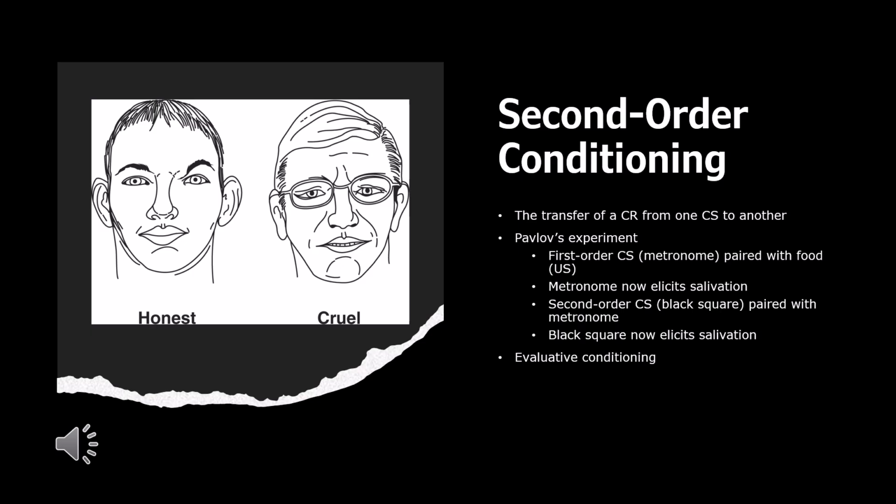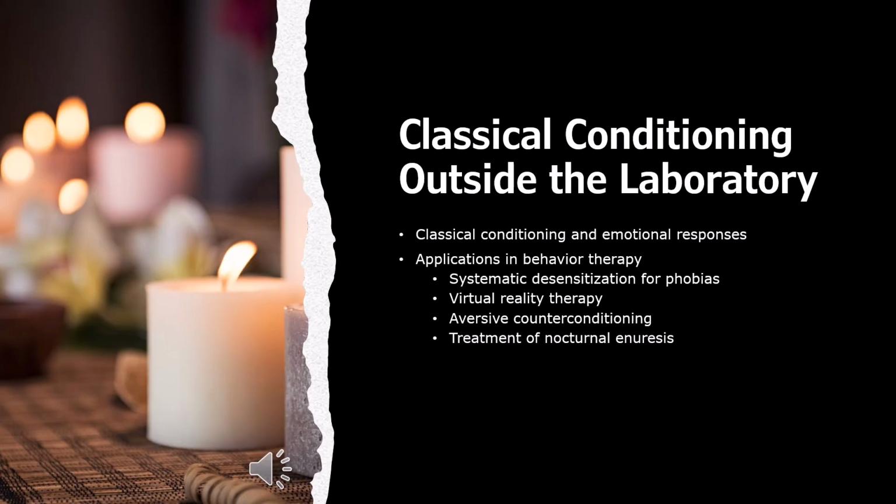Pavlov has the metronome, which is the CS1, the food is the UCS, and then the black square would be the CS2, which elicits salivation. When we evaluate conditioning, whether something is liked or disliked, the valence transfers via the pairing, like in advertising or attitudes, something like that.